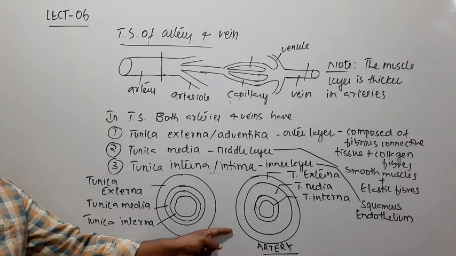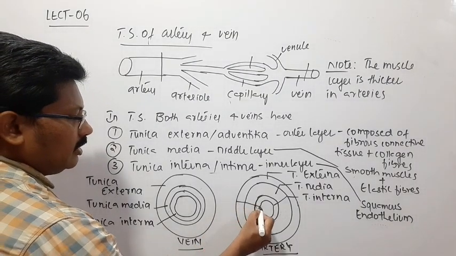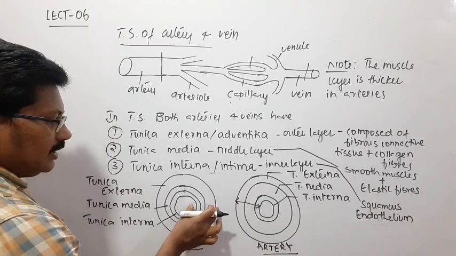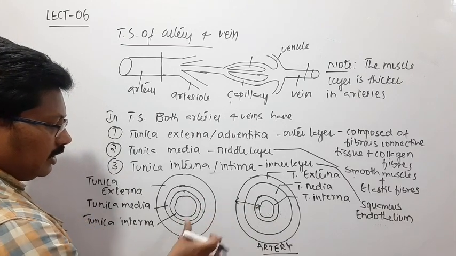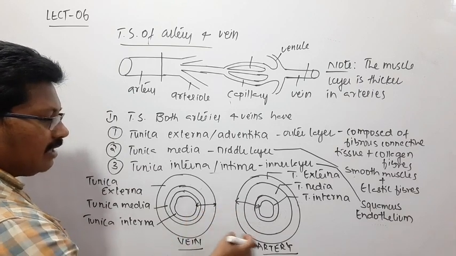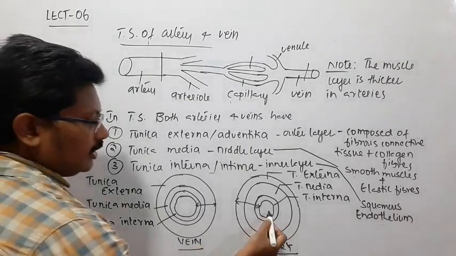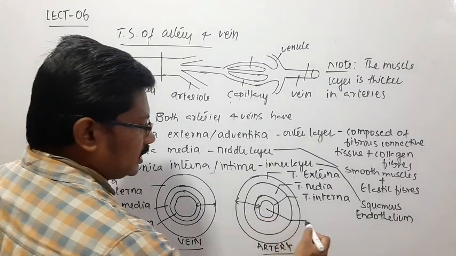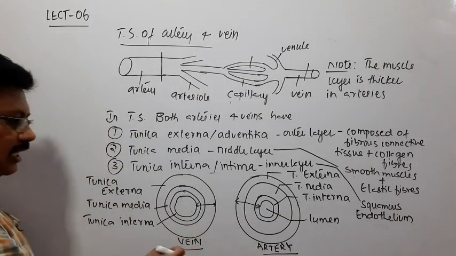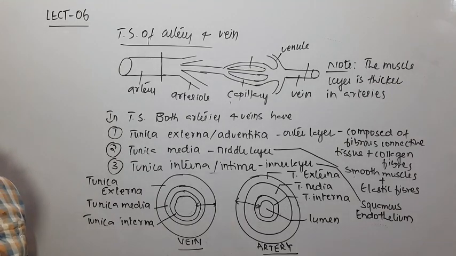For that reason you can see the thickness of the artery wall is very heavy, and the vein wall in this case is thinner when compared with the artery, and you can also see the lumen is narrow. So this is the lumen of the artery, and when compared with the artery, the vein has a bigger lumen.